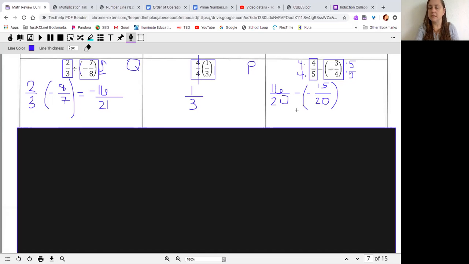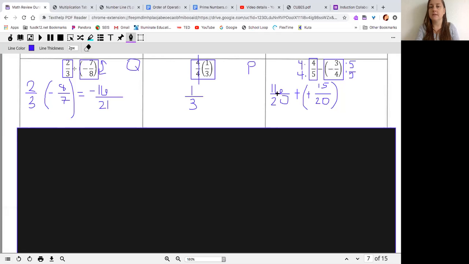So now that my denominators match, I can just go straight across. But I have a minus, a negative number. That's a double negative. They are right next to each other, so they cancel out and become positive. So now I have 16 plus 15 over 20.